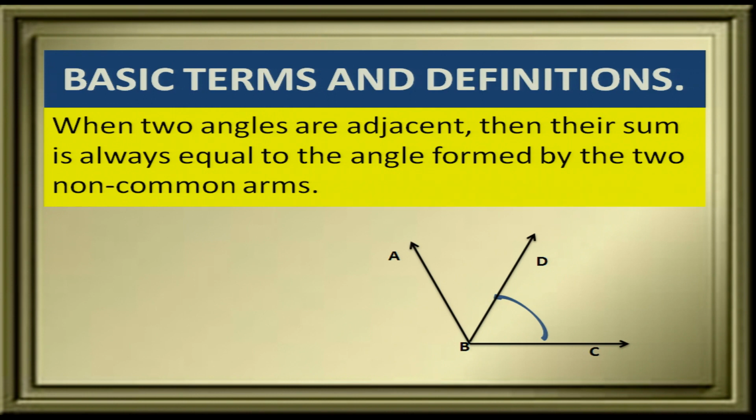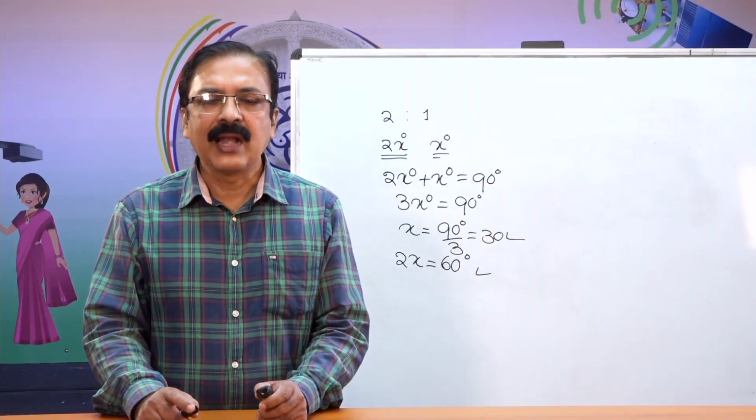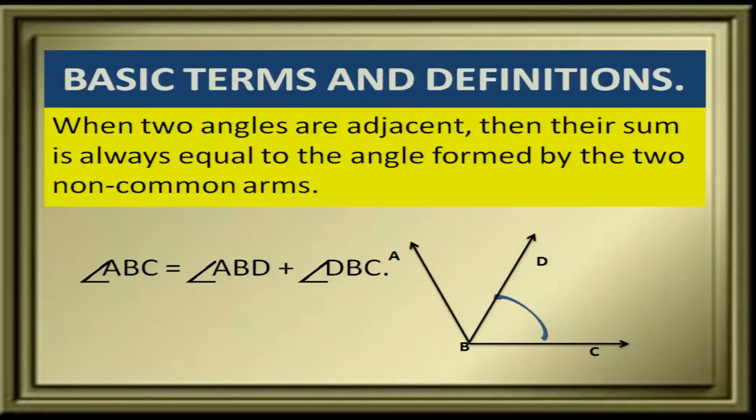So the angle formed by the non-common arms is ABC, and the adjacent angles are angle ABD and angle DBC. So we can write angle ABC is equal to angle ABD plus angle DBC.